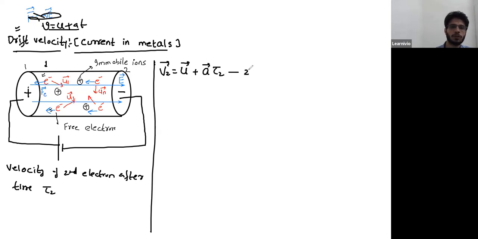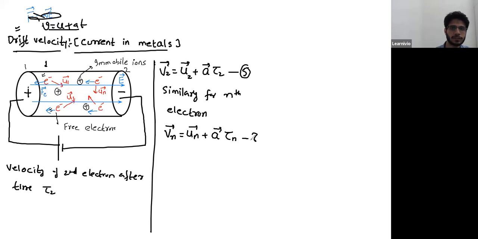That's equation number 5, right? Similarly, for the nth electron, Vn is Un plus A tau n. That's 6.